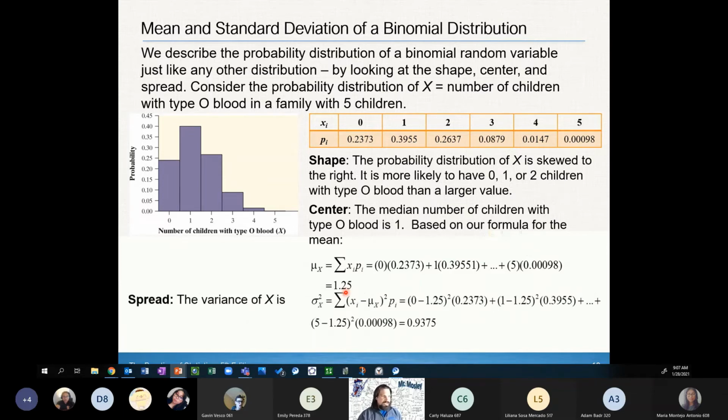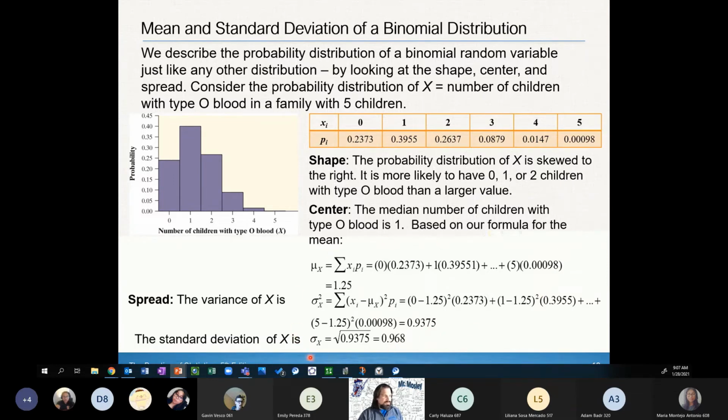Spread, the variance of X. Again, this is the same calculation and same formula we used for any random variable: the outcome minus the mean, squared, times the probability of that outcome. We do that for each of our 6 outcomes, and we get 0.9375. That leads us to a standard deviation of 0.968.